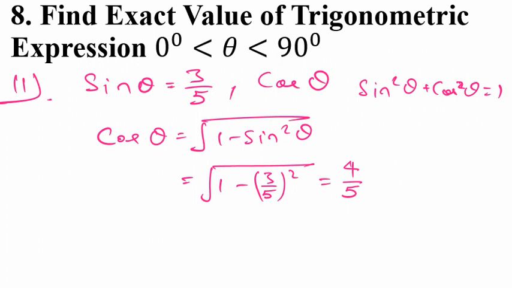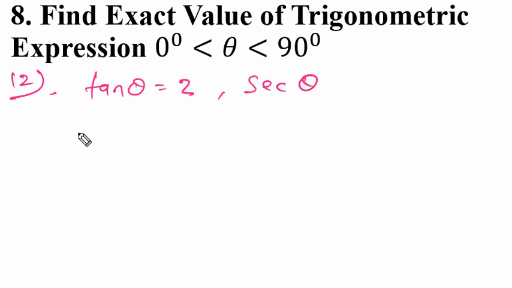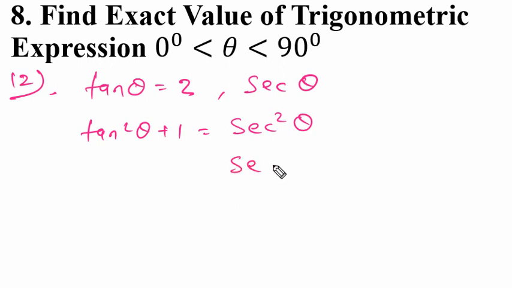Question number 12 says if tan theta is equal to 2, find secant theta. Now I know that tan square theta plus 1 is equal secant square theta. So what will be secant theta?